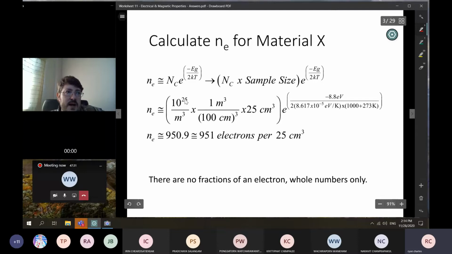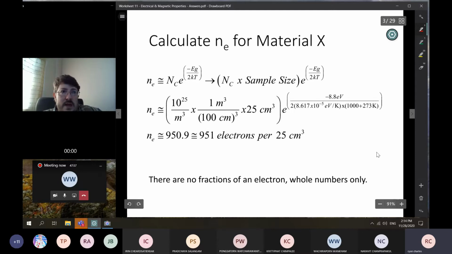So 10 to the 25, all right, per cubic meter. In 1 cubic meter, there are 100 centimeters cubed, right? So 100 cubed. That converts it to 1 centimeter, all right? We have 25 cubic centimeters, so we multiply that by 25, right?